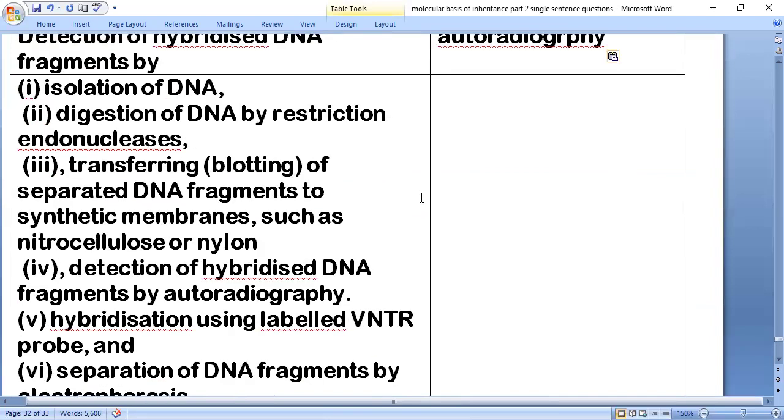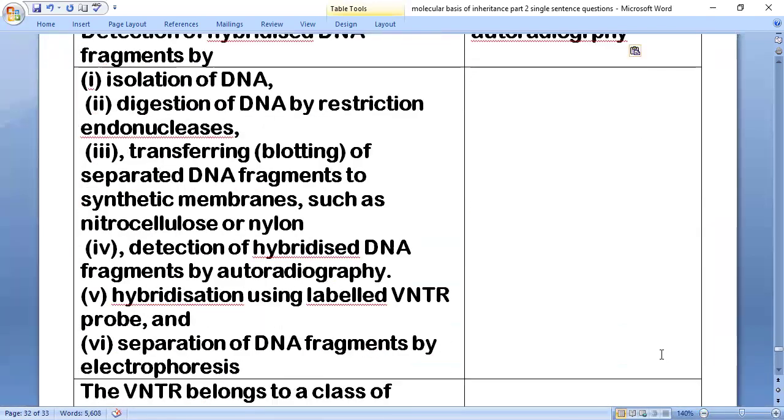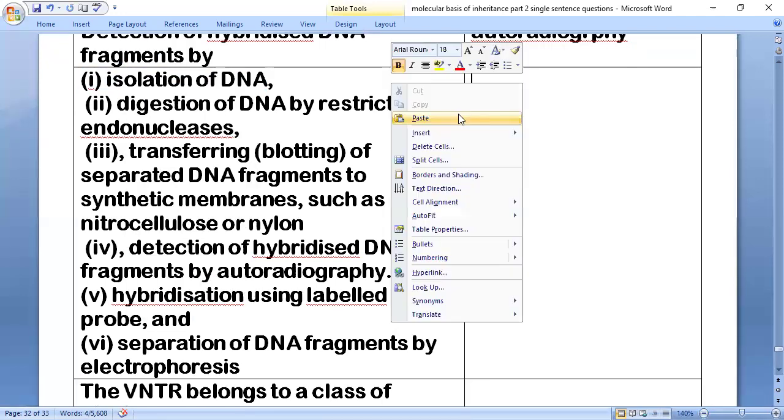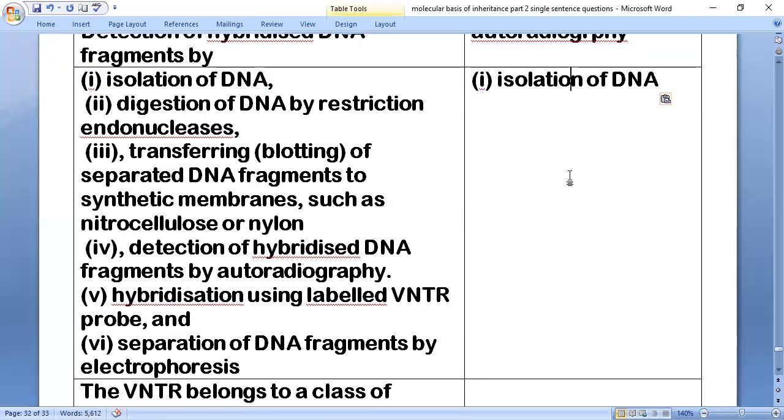Put them in order. Isolation of DNA, digestion of DNA by restriction endonuclease, transferring of separated DNA fragments to synthetic membranes such as nitrocellulose or nylon, detection of hybridized DNA fragments by autoradiography, hybridization using labeled VNTR probes, separation of DNA fragments by gel electrophoresis. First of all, we start from isolation of DNA.